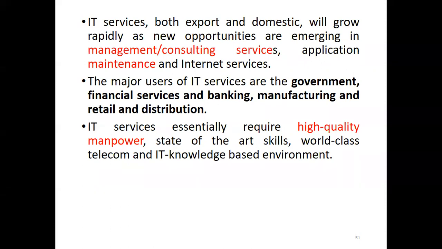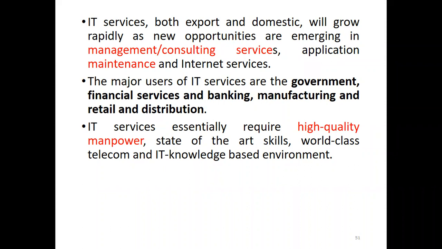Due to IT and IT enabled services, what is happening? We are saving our time, we are saving our cost, and we are making processing accurate. Our processes are becoming very fast. So this is the scope of IT and IT enabled services in India.